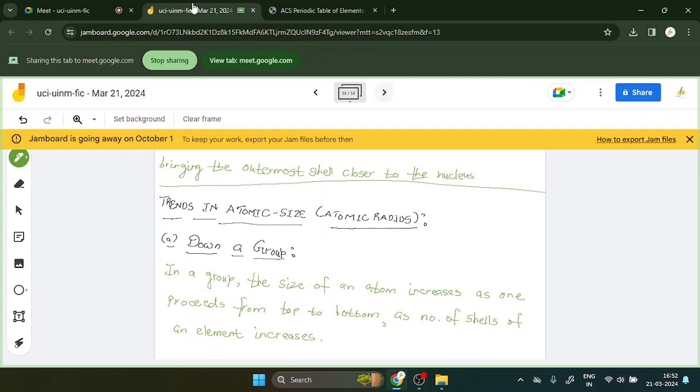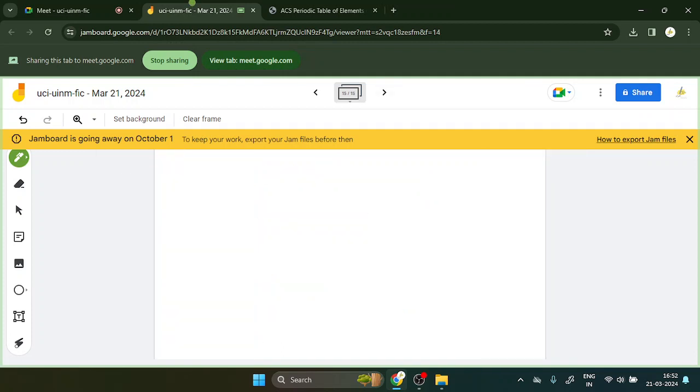Let me give you one example. I am taking hydrogen, group number 1, represented by the symbol capital H, atomic number 1. The second is lithium, represented by the symbol Li.